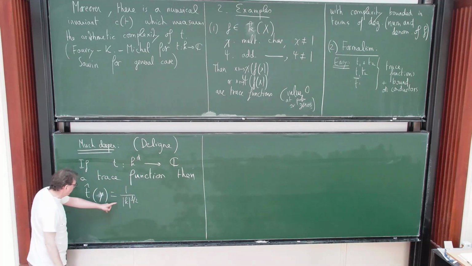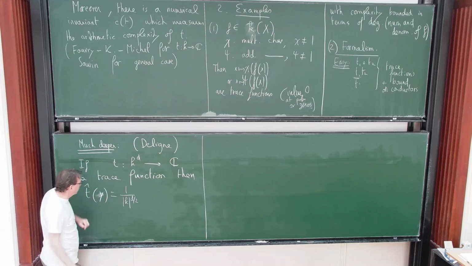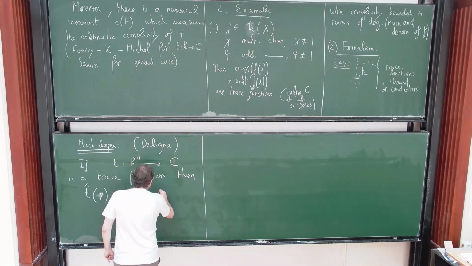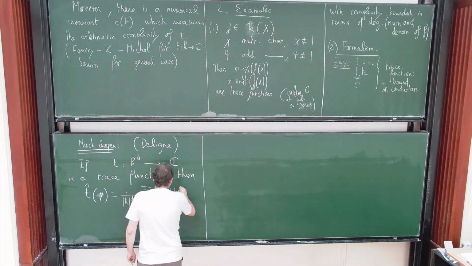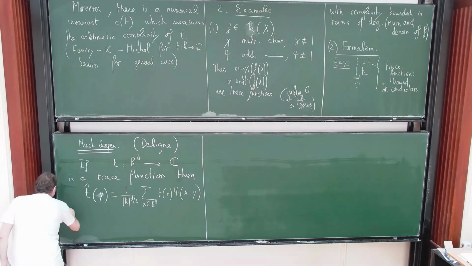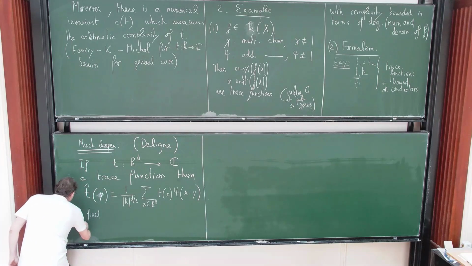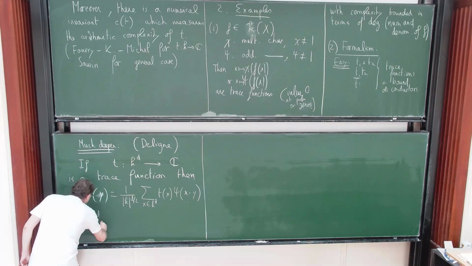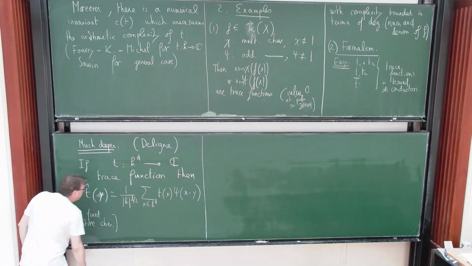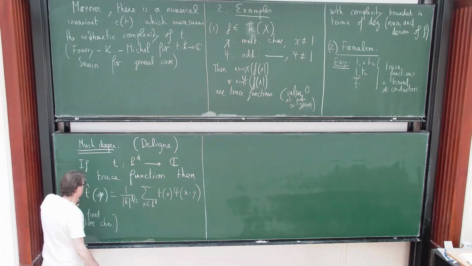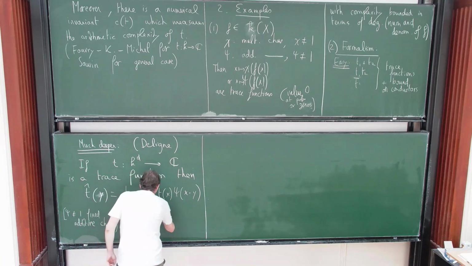And this normalization is the square root of the size of the group that you're summing in. Then you sum over x, t of x, psi of x inner product with y. So psi is a fixed additive character. Okay. So if k is F_p, you would just take the usual exponential e(x/p) = exp(2i pi x/p), for instance. Then this is also a trace function.